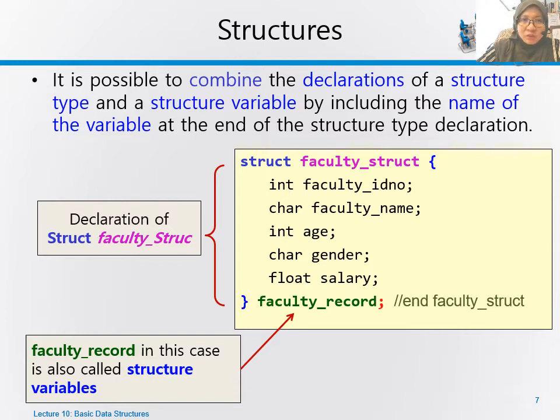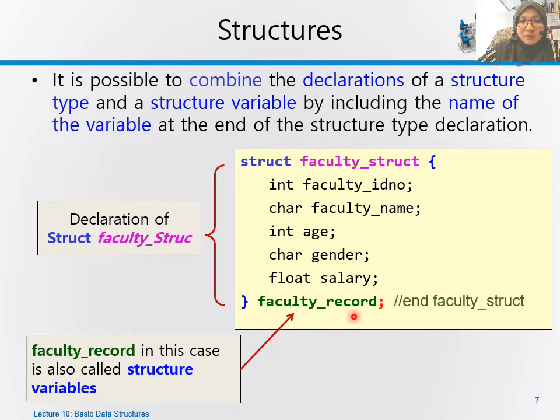In structures, it is possible to combine the structure type that you declared and the structure variable, by including the name of your variable at the end of the structure type declaration. For example, given a struct faculty struct, integer faculty ID number, character faculty name, then the integer age, character gender, float salary, then you specify a structure variable, faculty record.